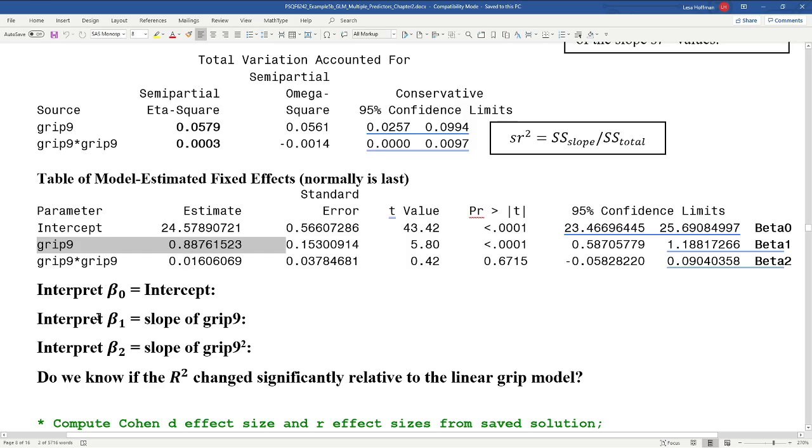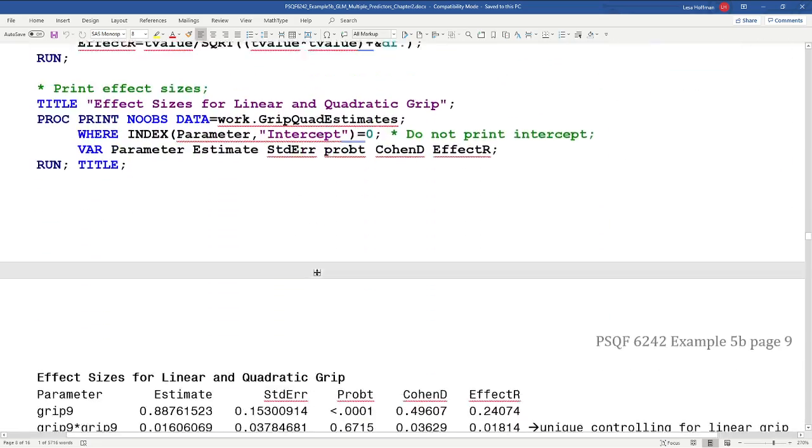The combination of that positive linear grip slope paired with a positive quadratic grip slope creates a positive slope that becomes more positive, so an acceleration. So we're looking at the right-hand side of a traditional U shape as what is predicted by this combination of coefficients. However, the grip strength quadratic slope is not significant and doesn't account for any variance, practically none, so we probably don't need it in the model.